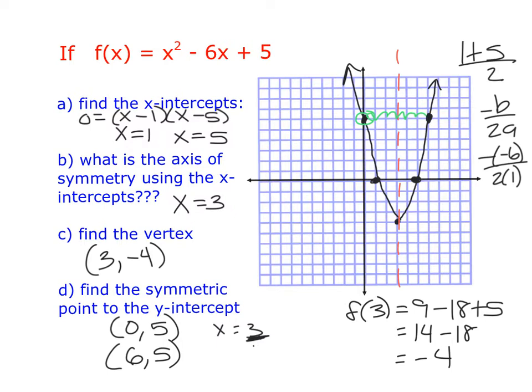All right, and those are all the important points. So this is an easy way of graphing it using just that important information: the x-intercepts, the vertex, the y-intercept, and then its symmetric point. The issue is this is a really easy problem, right? These can get really gross pretty fast.